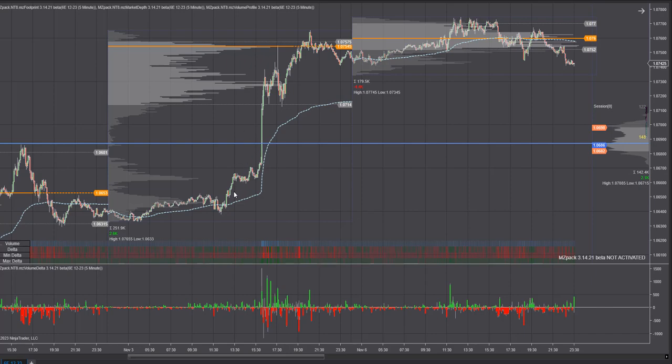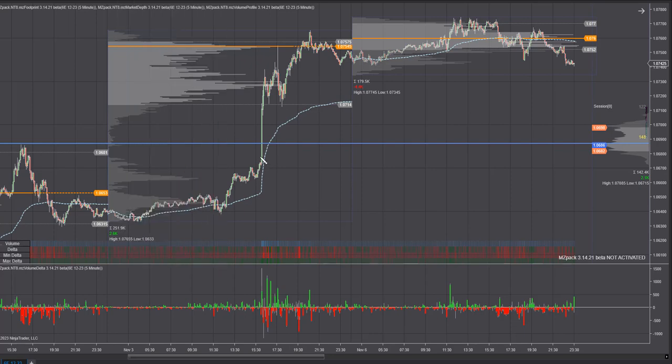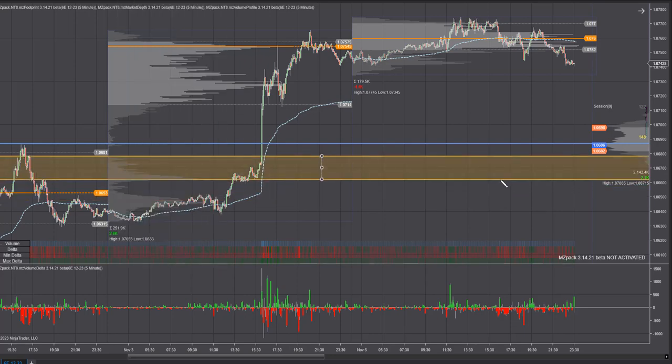But what happened? There was a rally, base, and rally here, right? We have a rally, base, rally. What I'm going to do is mark this area because it's interesting. It's the base, the area where the price basically rested, and above that I have the resistance, which is now my support level.